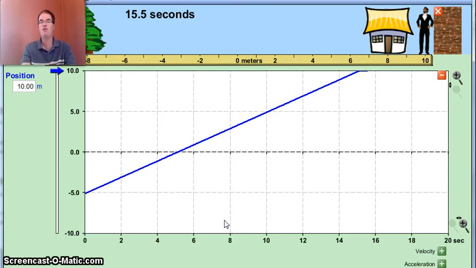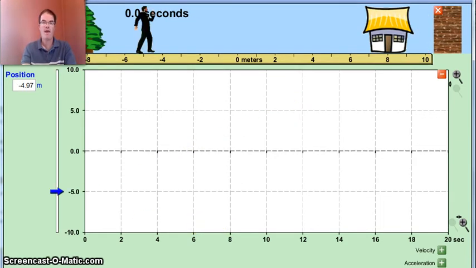Let's do another example here where I increase the speed, and let's see what happens to the slope. Our man has been returned to the starting position, and I've doubled the speed to 2 meters per second. Let's watch.